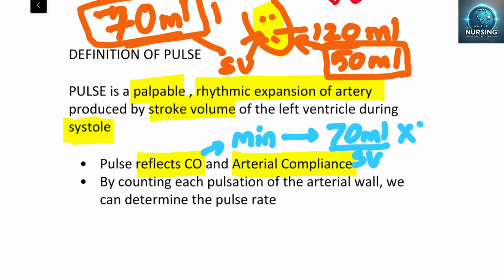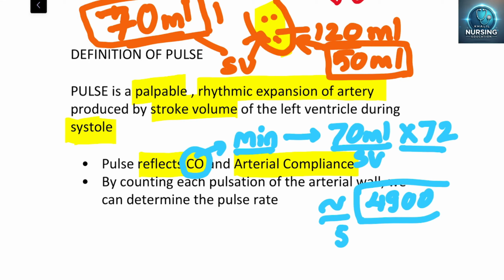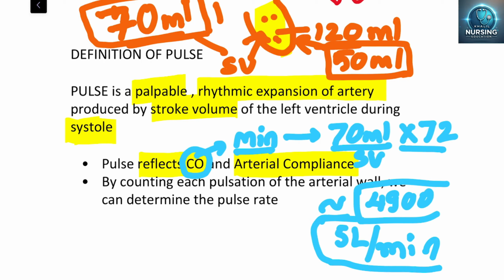That is about 72 beats per minute, isn't it? Then if we want to see the cardiac output in a minute, how much will it be? It will be around 4900, something like that, so totally about 5 liters of blood will be ejected per minute. That is nothing but cardiac output. I hope you understood this one.